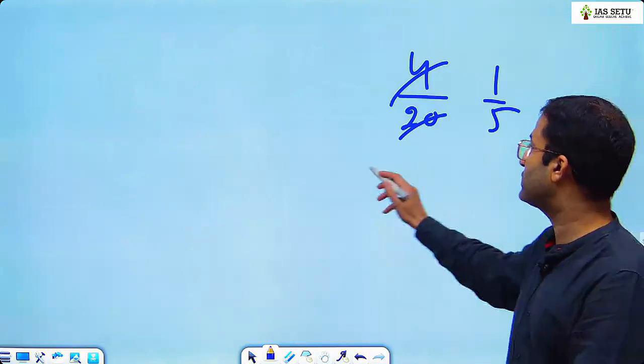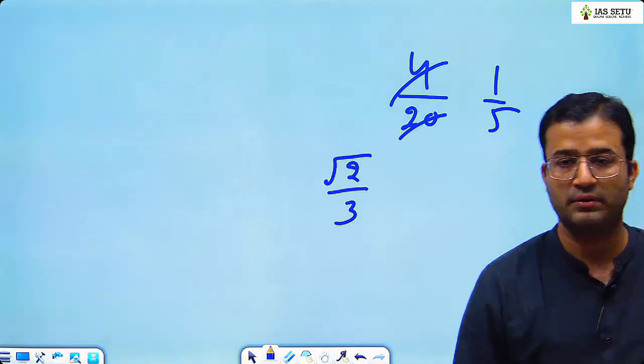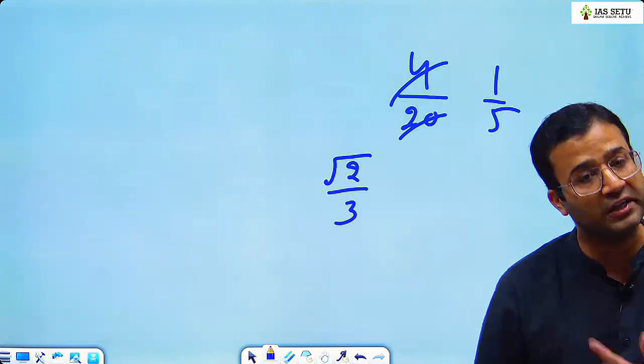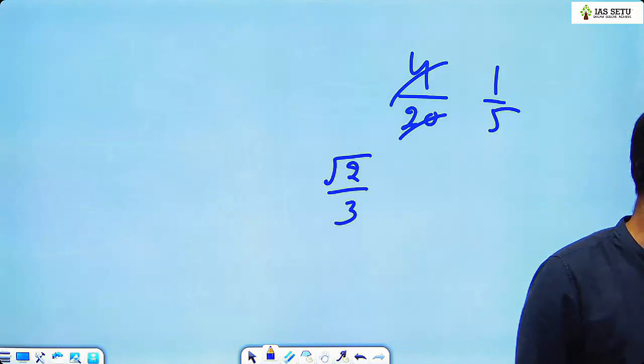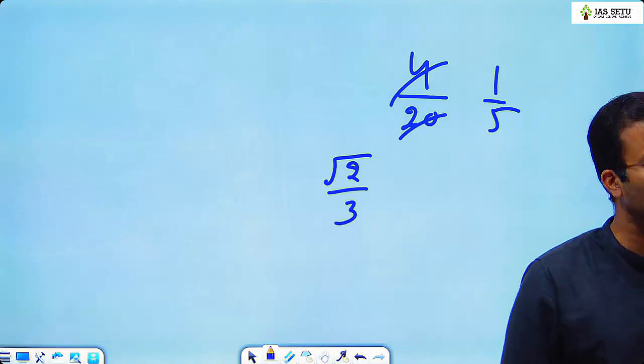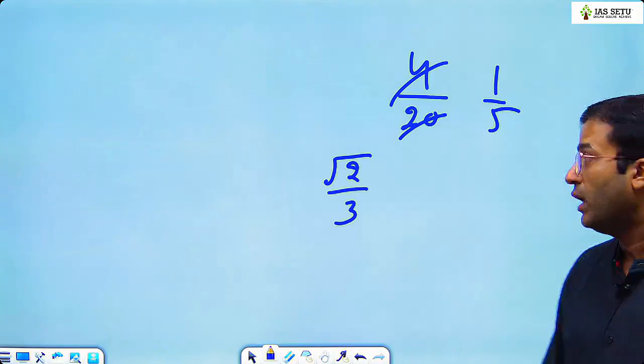Okay, tell me, what is √2/3? Irrational. Don't call it a fraction. It is an irrational number, we will say. Although it is in the form of p by q, it is called an irrational number.